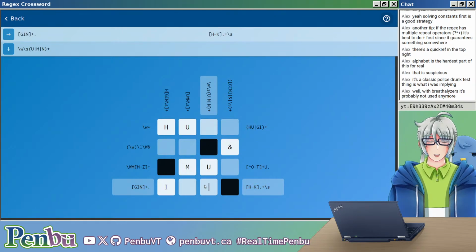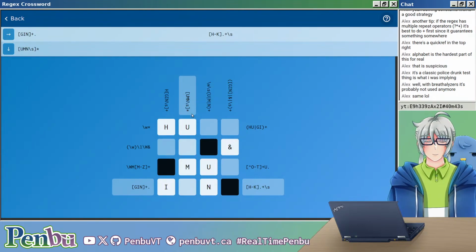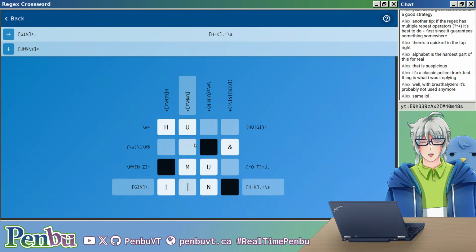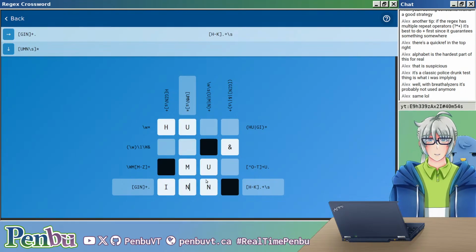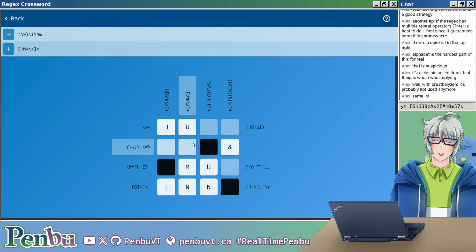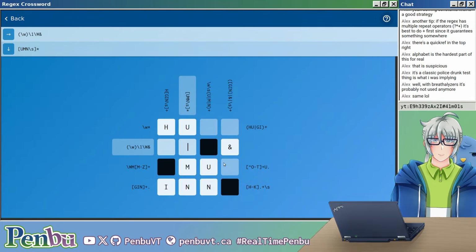So this is either U, M, or N. We have an overlap here with the U, M, or N, G, I, N. I think this one is forced to be an N. U, M, N, S. So this is also forced to be an N. And then, do we have any other clues here?